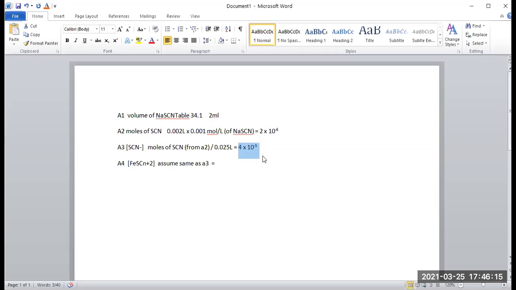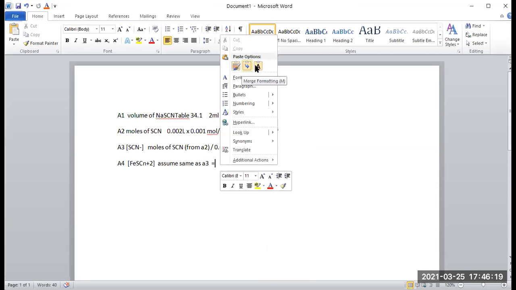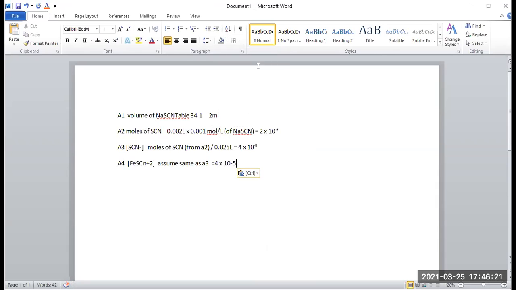And we talked about this a little bit in lab. The reason you are allowed to do this is your thiocyanate is your limiting reactant.